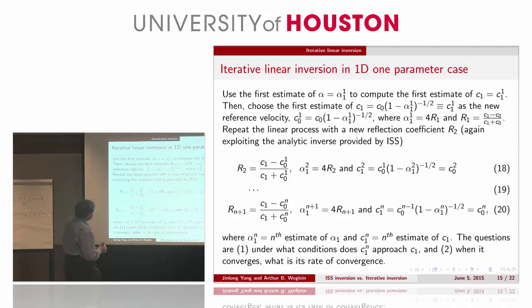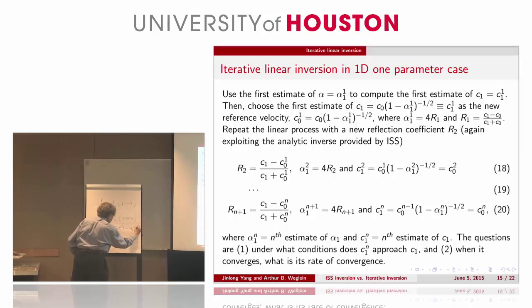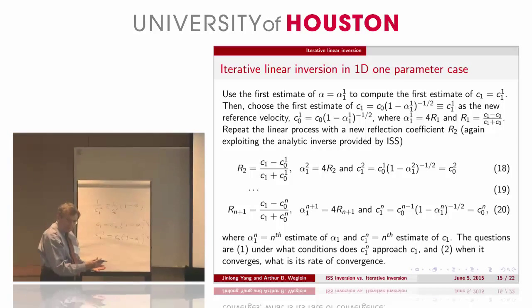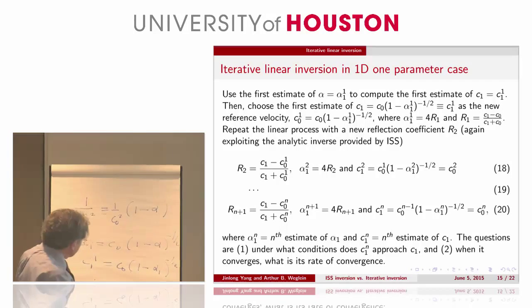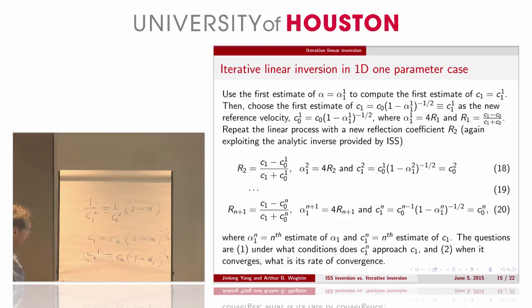Okay. So what we're saying is, the first estimate of C1 comes from that alpha 1. Yes? You put in alpha 1, you get an estimate of this, C11. There's not going to be an alpha 2. There's going to be a new alpha 1. Because we're going to take this estimate of C11, of C1, and call that the new C0.